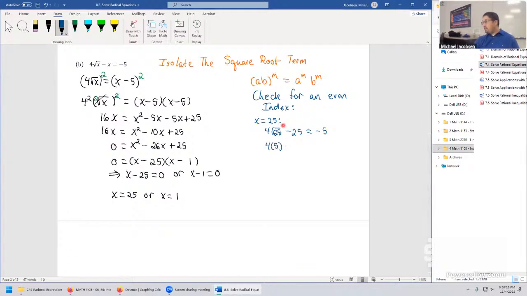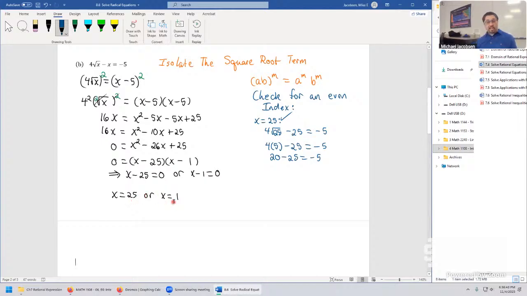So this is 4 times 5 minus 25 equals a negative 5. At this stage, I'm convinced this is just 20 minus 25 equals negative 5. You only have to do as many steps until you're convinced it's either true or false. But I'm convinced this is true right at this stage. 20 minus 25 is negative 5. So that one's a solution.